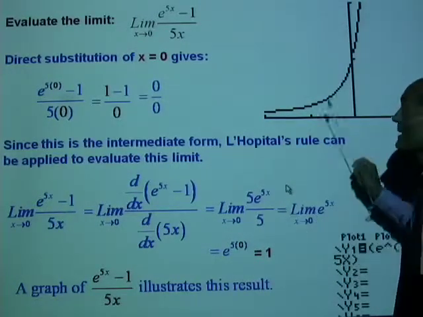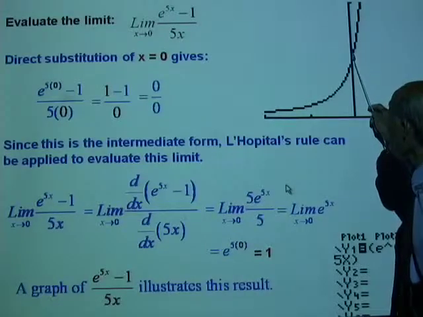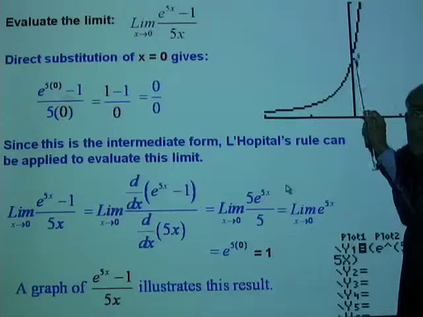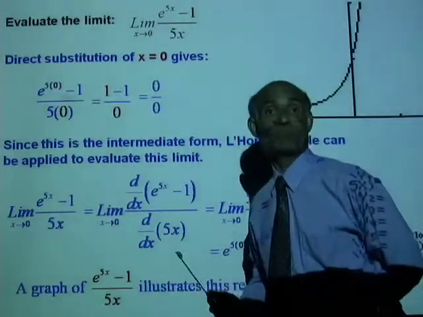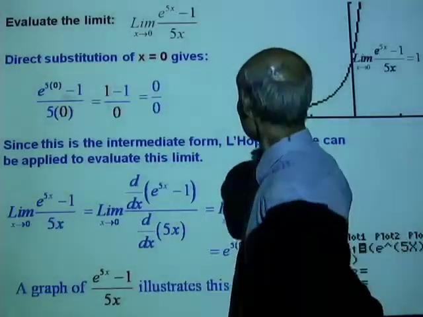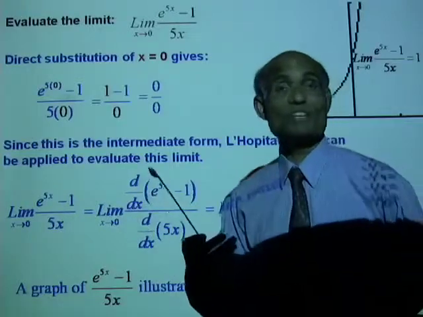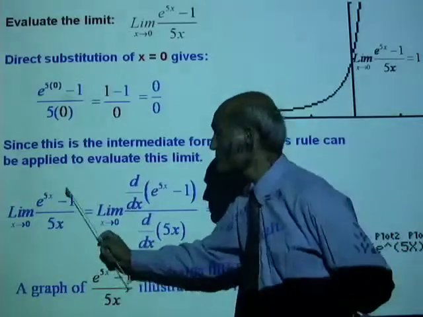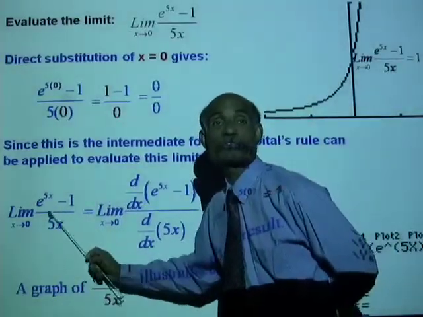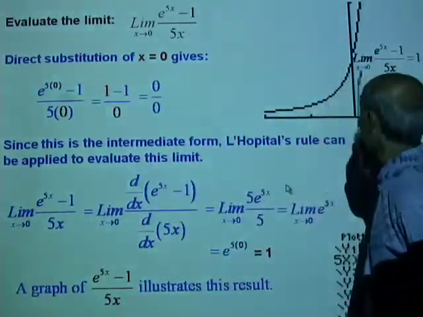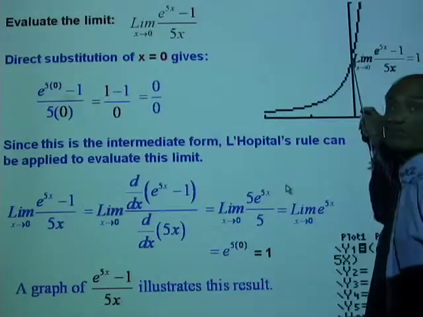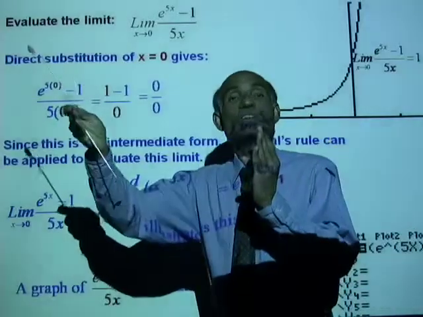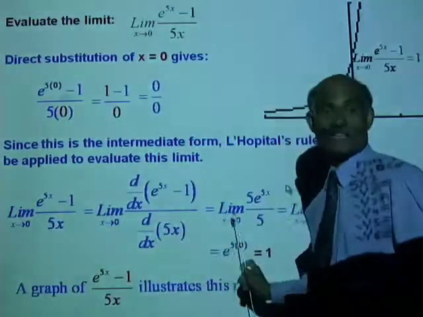If you watch carefully, there's a hole in the graph there, but the limit is 1. There's a hole because the function is not defined for x equal to 0. Is this function defined for x equal to 0? No. So there will be a hole in the function graph at x equal to 0. But the limit from the left is equal to the limit from the right, equal to 1.